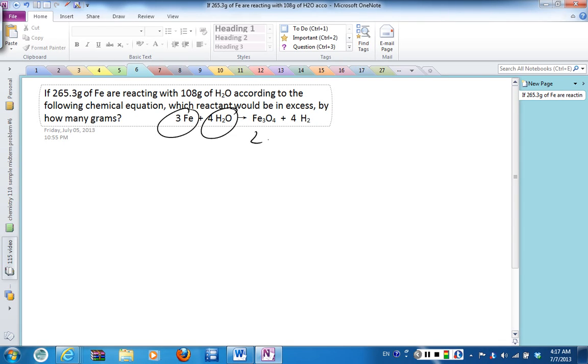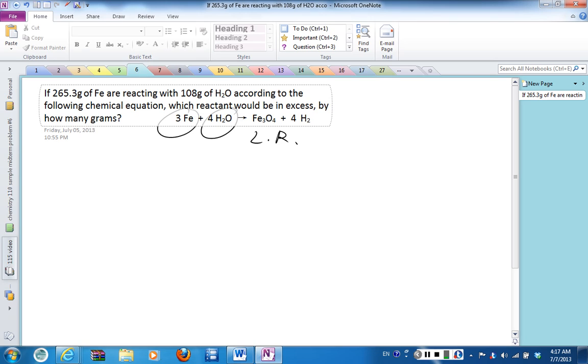This is a limiting reagent situation, because the chance of the 2 compounds provided perfectly reacting with each other is next to nothing. Chances are one of them is going to be used up, the other one is going to have some leftover, and the reaction is going to stop at that point.